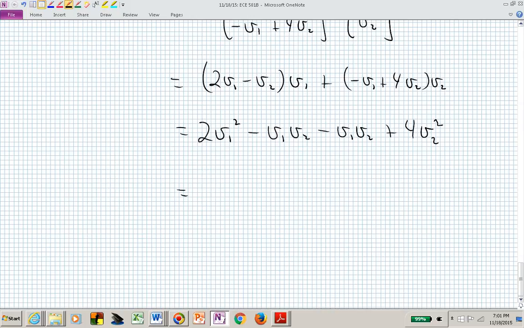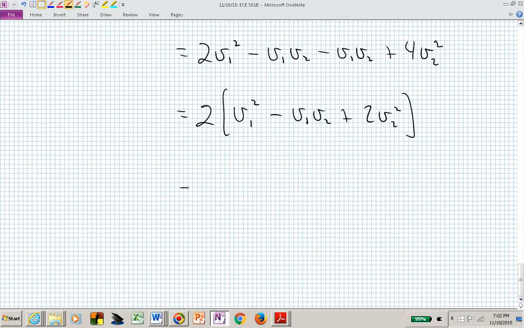This is actually, 2 is common to all of those terms if we combine the middle two. So if we factor out the 2, we have V1 squared minus V1V2 plus 2V2 squared. But we can create that minus V1V2 if we complete the square.